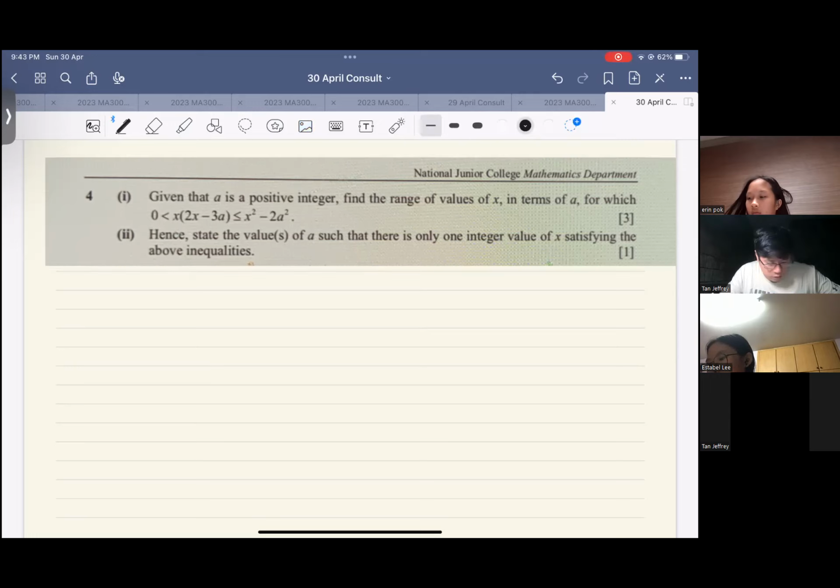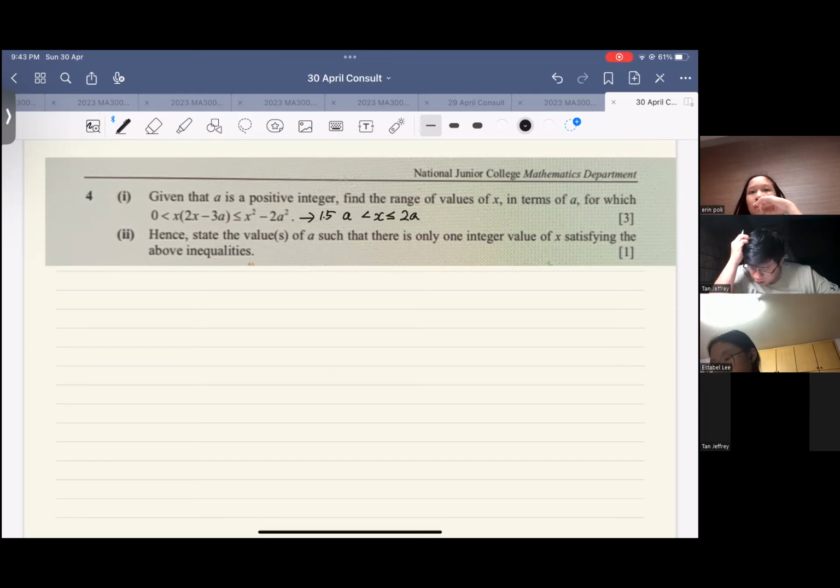Can you explain your thinking process? A can be 1 because if A is 1, then X will be 2, given that X was found. So I solved this one. My final answer: 1.5A less than or equal to X less than or equal to 2A.